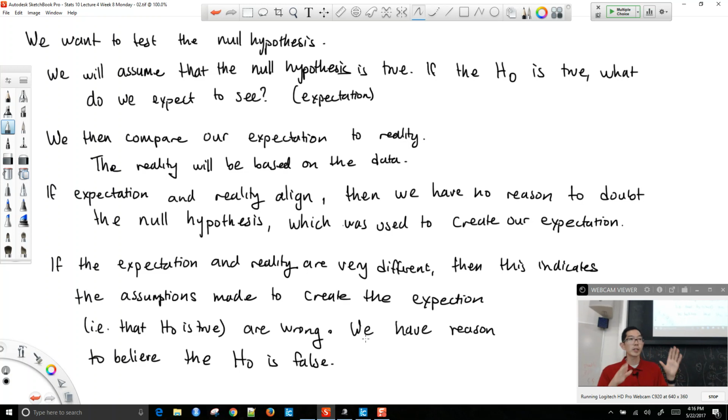On the other hand, if the expectation and the reality are very close together, if they're similar, then we have no reason to doubt that the idea we had to come up with our expectation was wrong. Does that reasoning and line of thinking make sense? Okay.